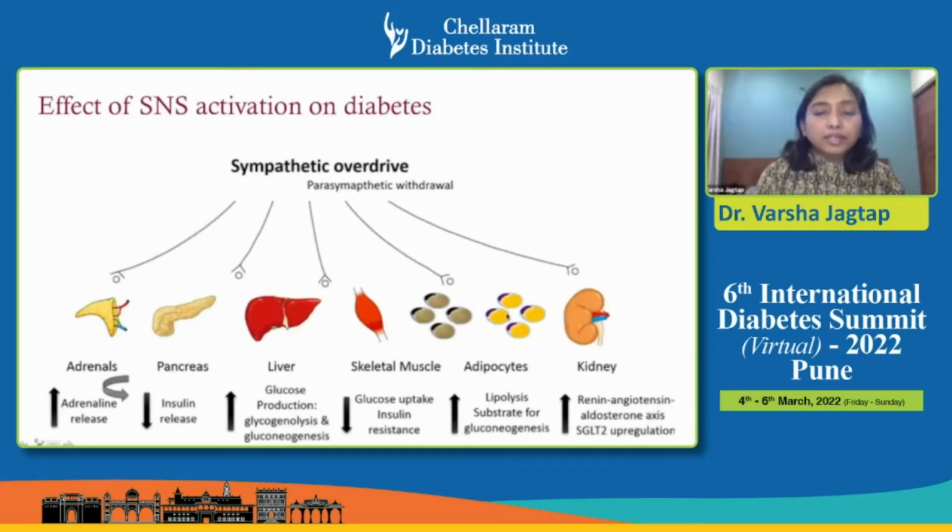At the level of fat cells, or the adipocytes, it is going to increase the substrate for gluconeogenesis by causing lipolysis. And at the level of the kidney, it is going to activate the RAS system. So overall, whenever the sympathetic system goes into overdrive, all these things are basically going to lead to hyperglycemia.